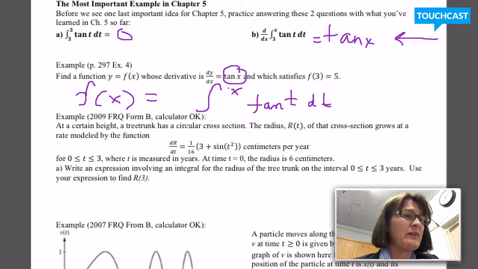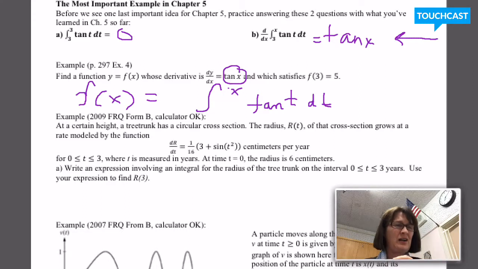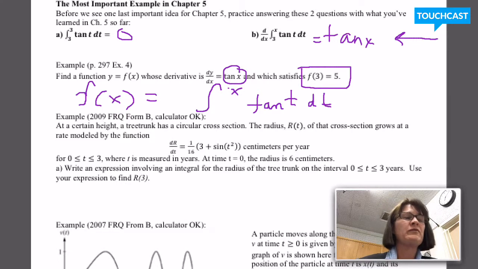We're going to get tangent out at the end. So everything we have right here, as long as we make that lower limit a constant, then the derivative will work out right. So the question is, how do we pick the constant so that we can make this true? F of 3 will be 5.